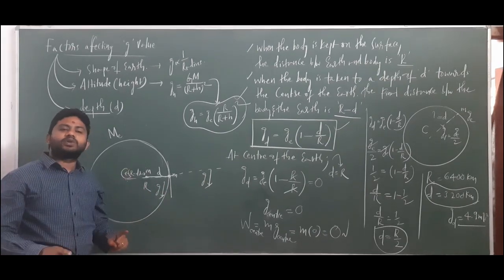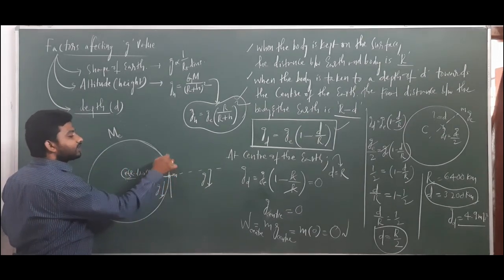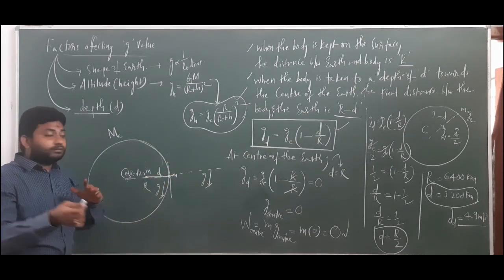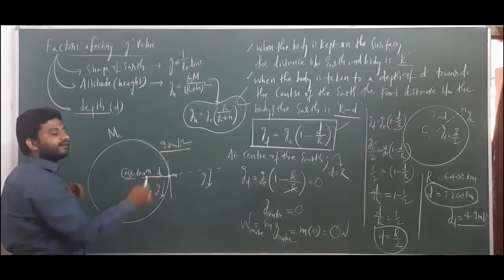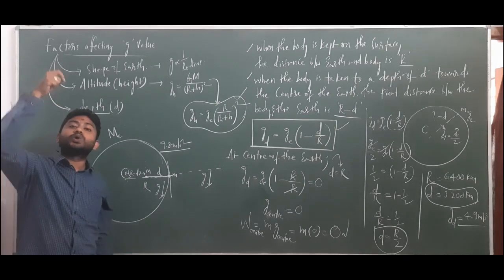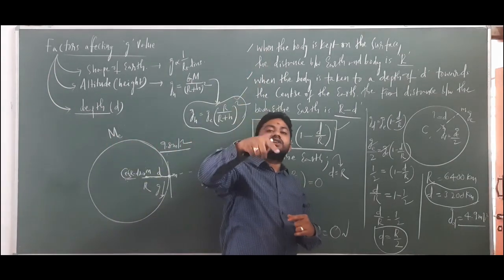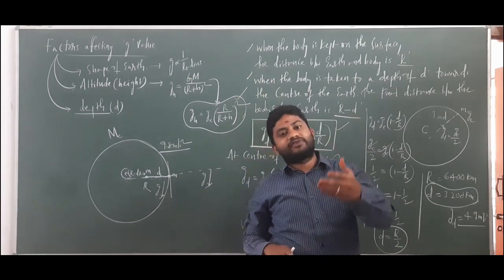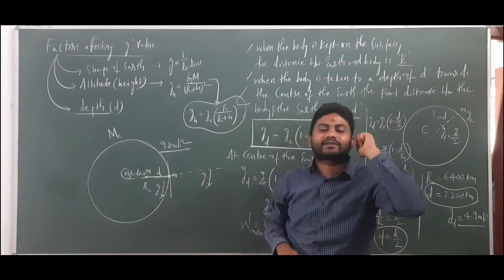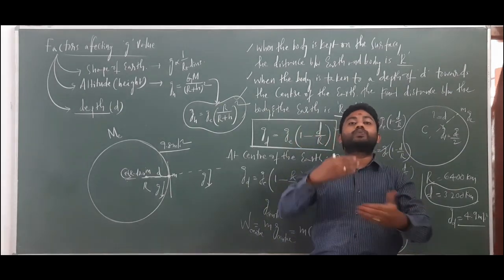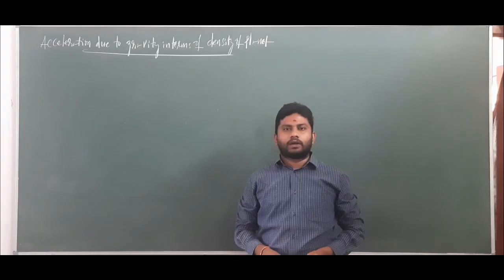The value remains constant on the surface of the earth. That means a maximum value of acceleration due to gravity on the surface only. From the surface, if you are moving to some height, the g value decreases. From the surface, if you are moving towards the center, your g value decreases. That is what we are going to prove by using these equations.